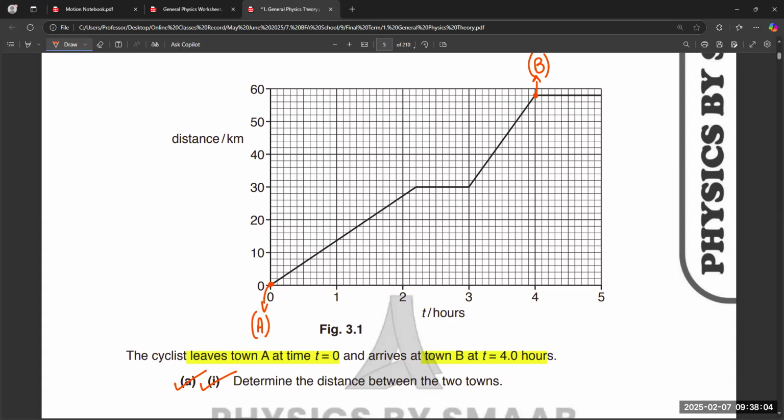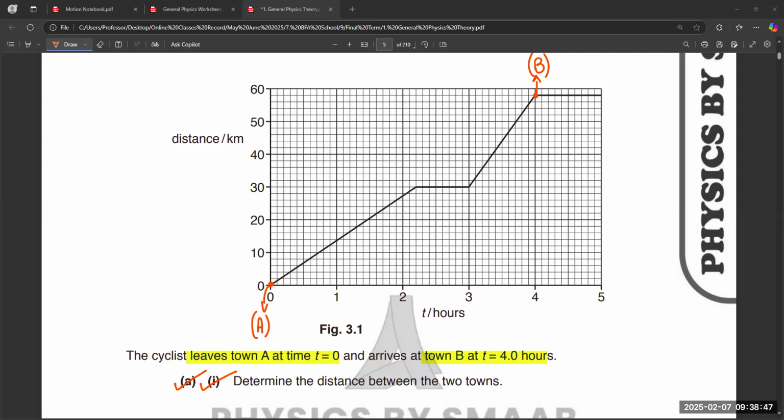So from this graphical representation, how do we find the distance between two towns? We calculate the shapes underneath. Yes, basically we need to use the shapes, and with the help of the shapes, we find the distance given in the diagram.